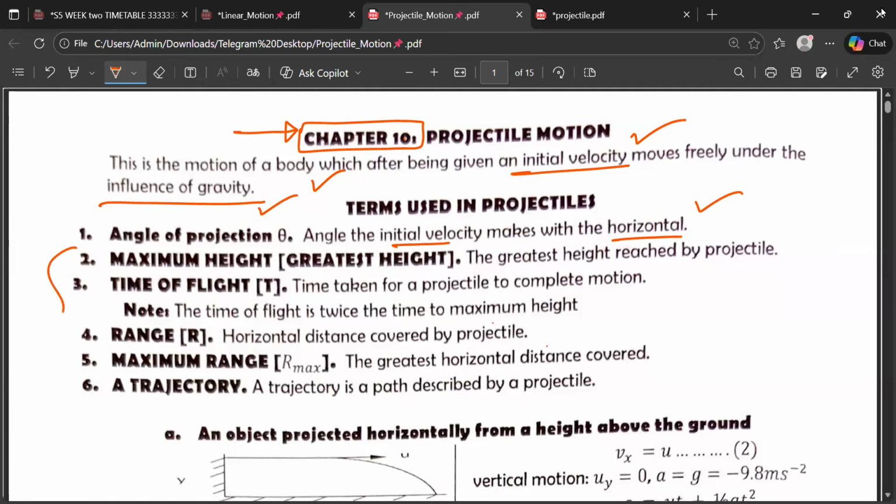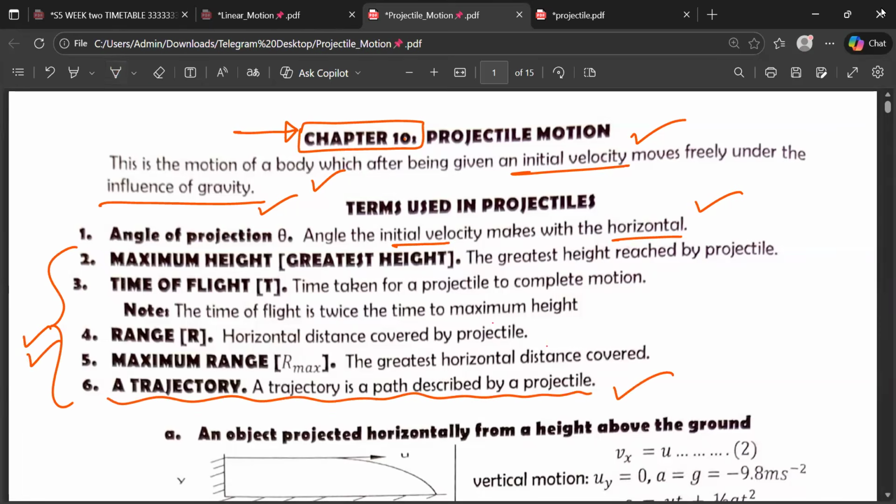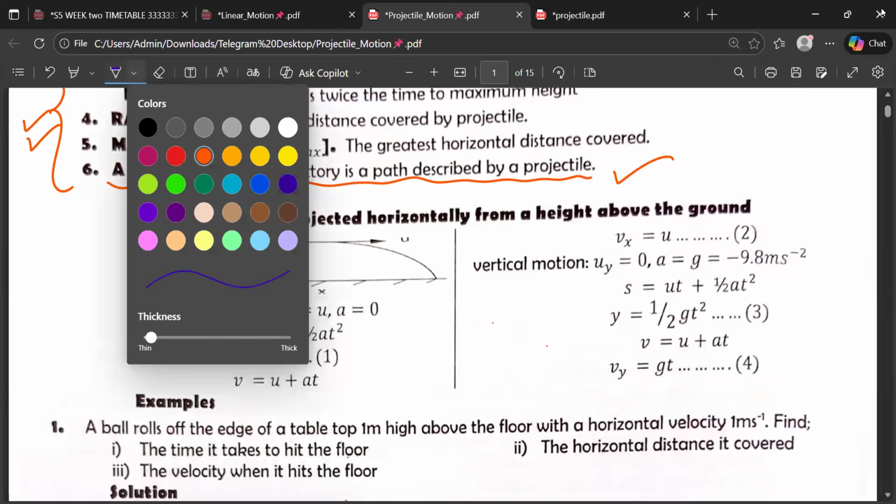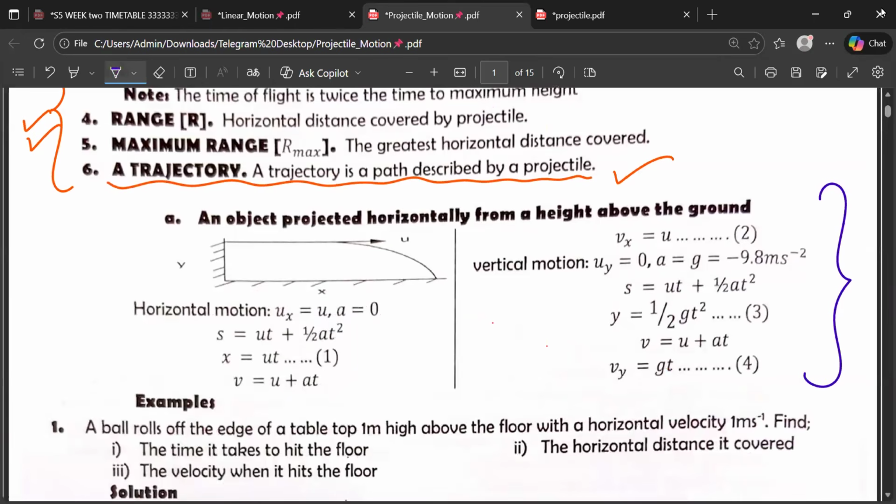These ones are going to be important in the next cases. The trajectory is the path followed by a projectile. These people also derived their formulae. I don't know if it will be convincing enough to you, but we have also derived ours and they are the same, I guess.